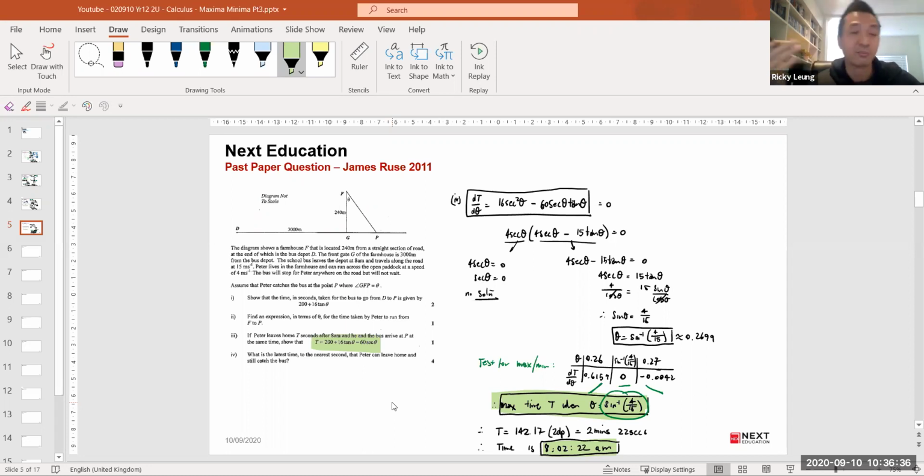And then some questions have part 2 been quite hard, like the last video where we did a James Ruse question where the question required us to subsequently find or prove that it's an equilateral triangle. But hopefully the framework works out, and that maximum minima questions are now relatively straightforward in terms of its approach.